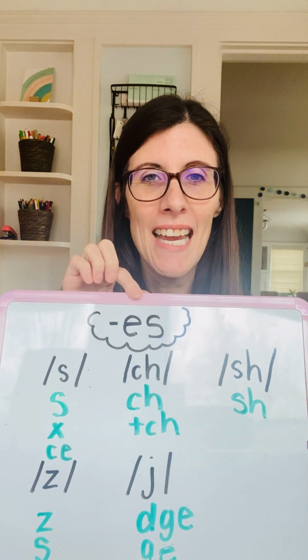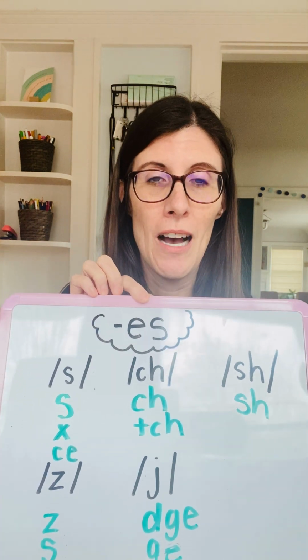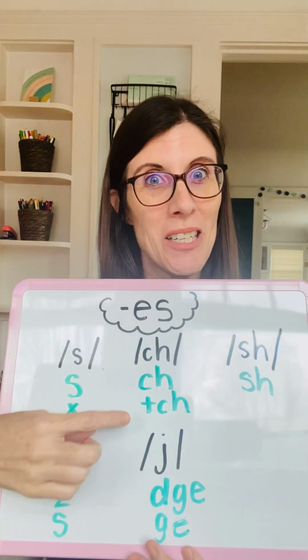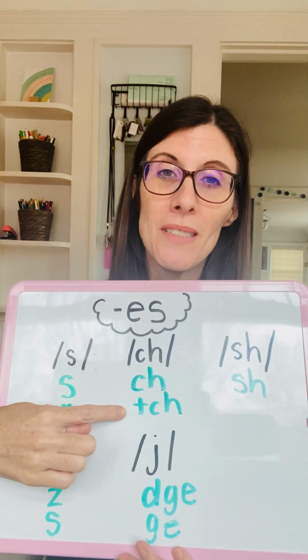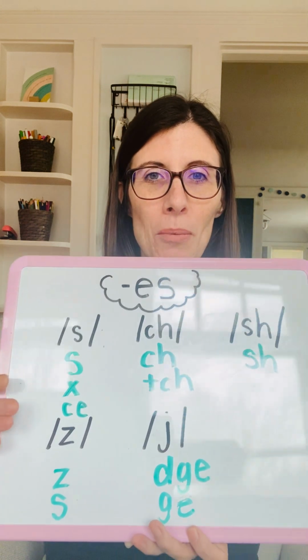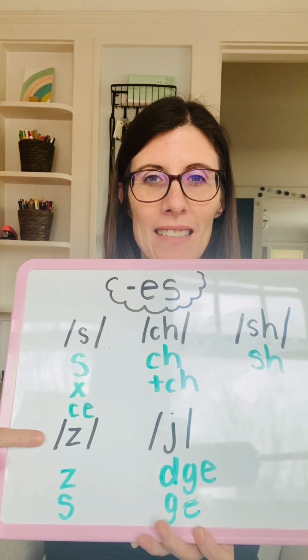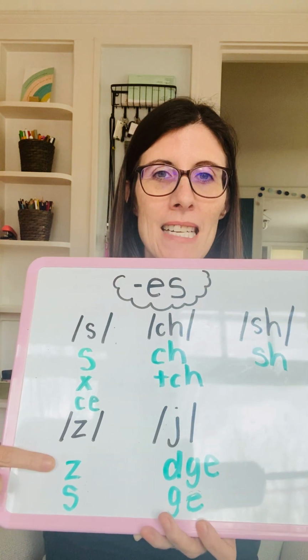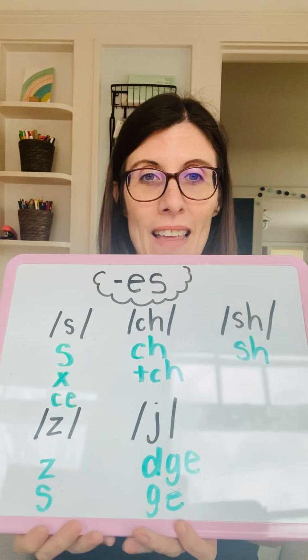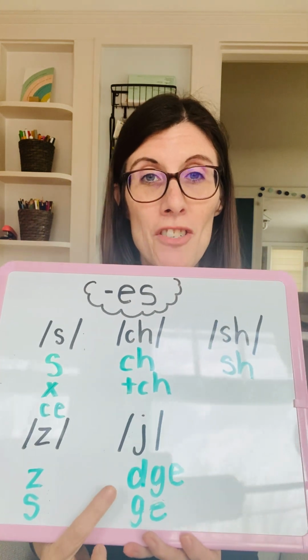And then CH, initially they just learn that you add ES to the CH, but then once we know TCH, that's another one. Obviously SH at this point. We know that Z can be represented by Z, S, and actually ZE and SE when you do silent E. And then the new one is going to be the J sound.